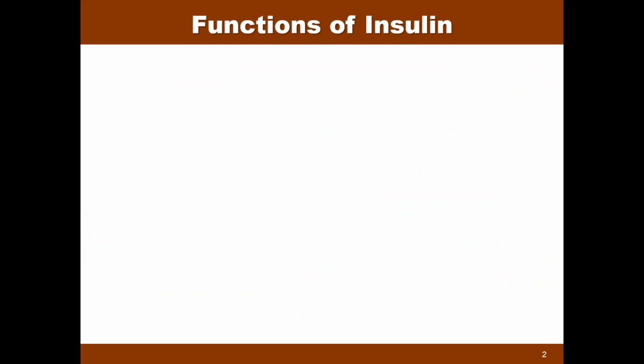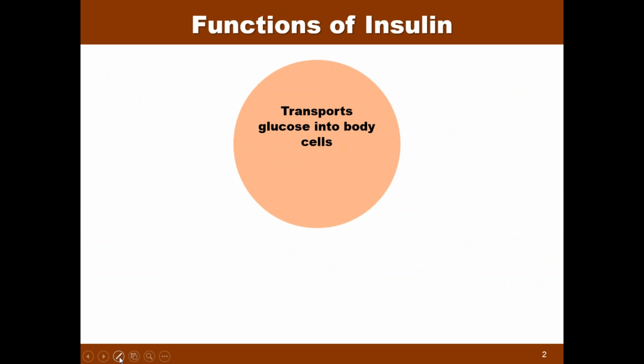So it's very important first to review the functions of insulin in the body in order to understand the pathophysiology of diabetes mellitus. The function of insulin in the body is to transport the glucose into the body cells.